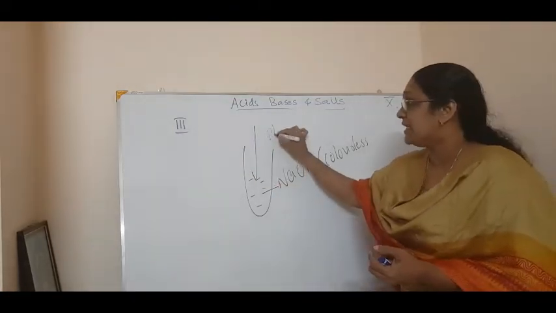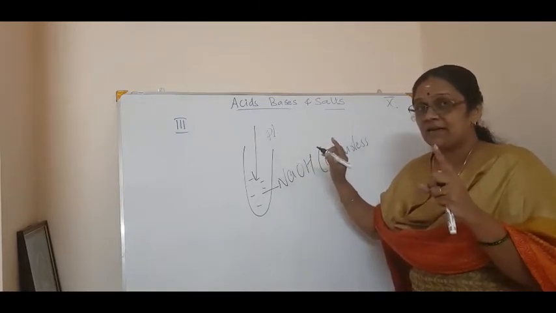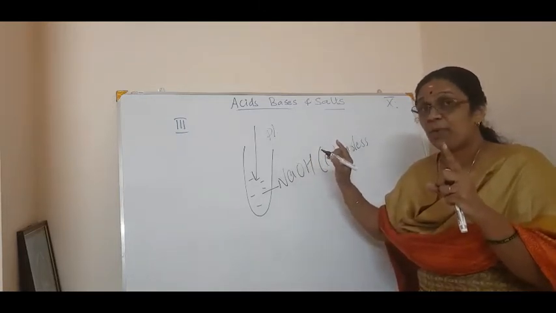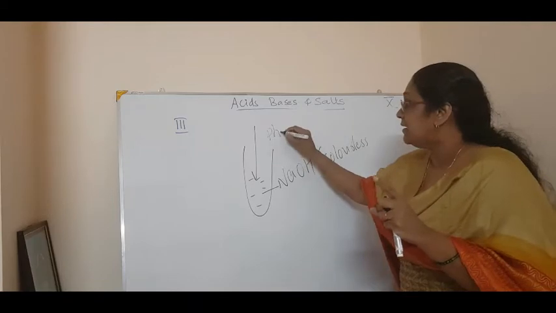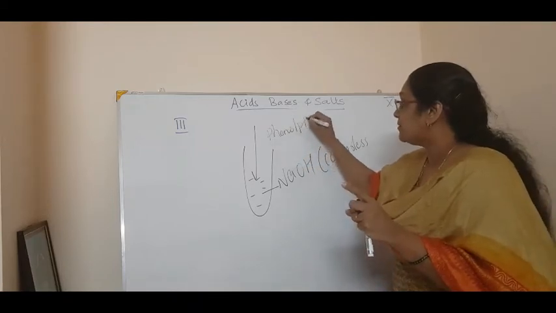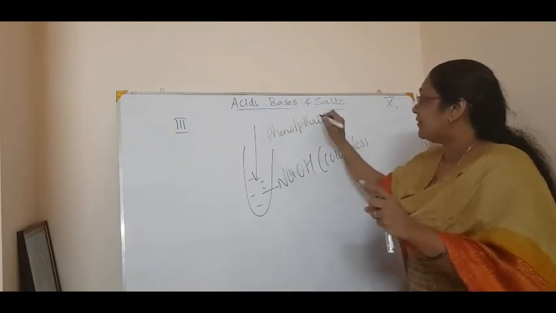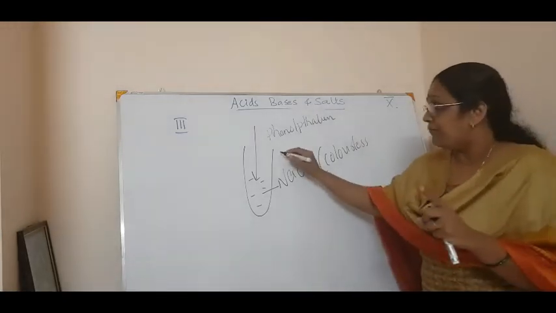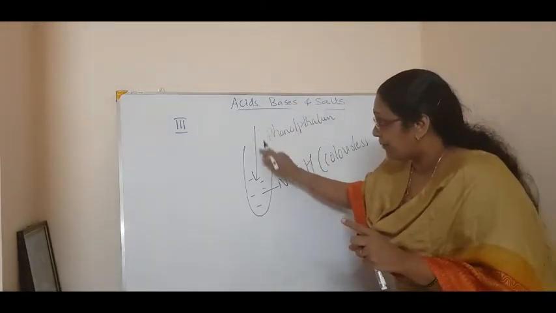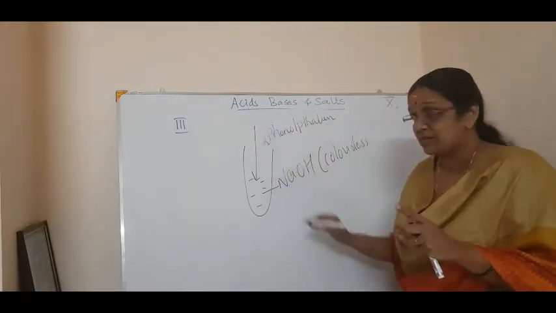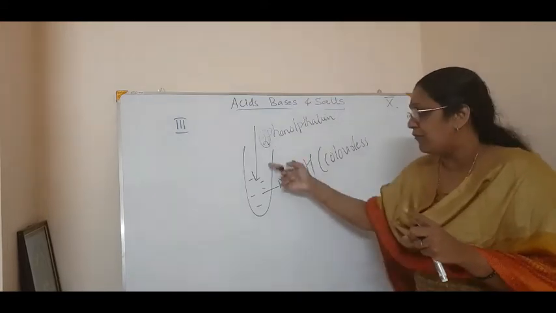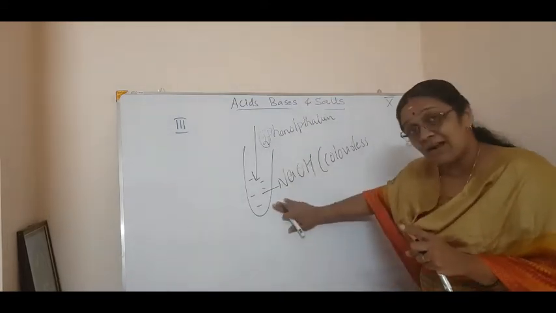It's a synthetic indicator. In the first session we talked about the synthetic indicator phenolphthalein. Now if I put 2 or 3 drops of phenolphthalein into it, this was colorless.